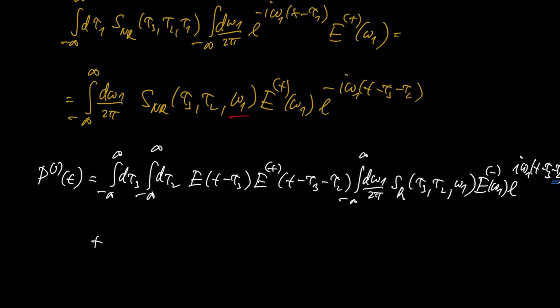And here we have an oscillatory factor with tau 2, e to the power of i omega 1 tau 2. So in the electric field we want to have e to the power of, and this is E plus, so it's going to be i omega (t minus tau 3 minus tau 2). If we look at the tau 2 contribution, this one is minus i omega 1 tau 2, and here we have plus i omega tau 2. So these two will cancel.